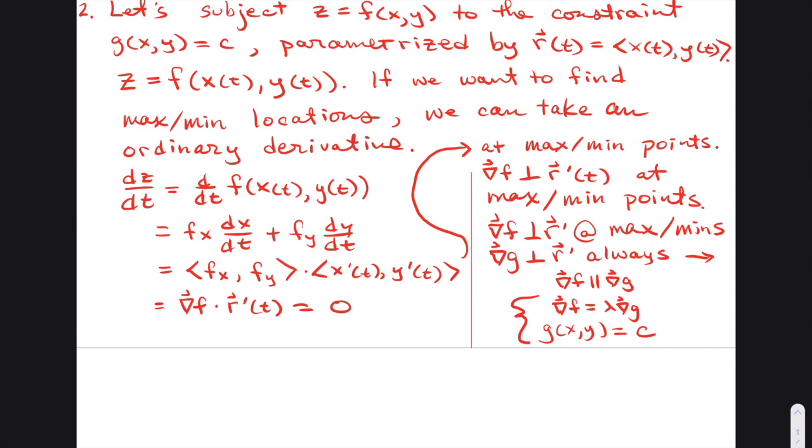You solve the system of equations, which can be quite ugly, and then you've found those locations where the max or mins may exist.